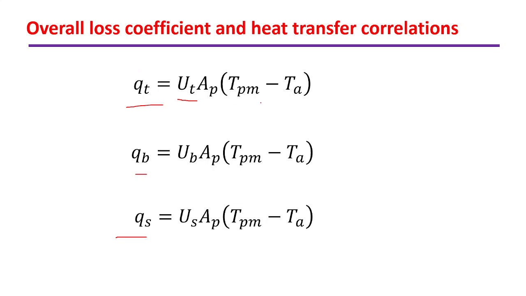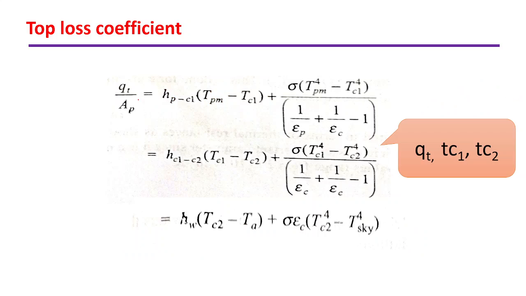Absorptivity of the plate will be given, but this is not given exactly. Okay, so how to calculate UT? For the UT calculation, first we need to calculate the QT. There are three dedicated equations for this. QT upon AP is equal to HP C1, then HC1 to HC2, and then H omega.